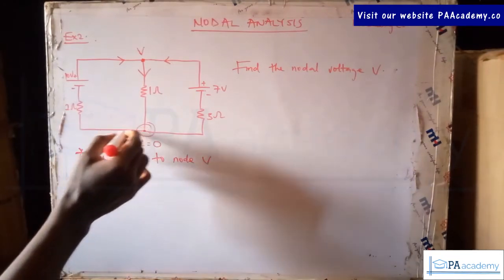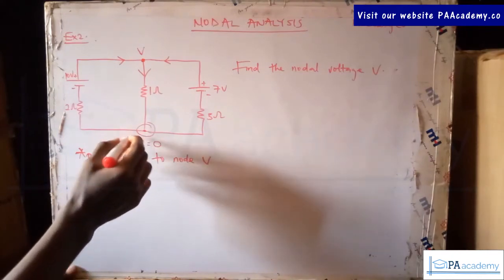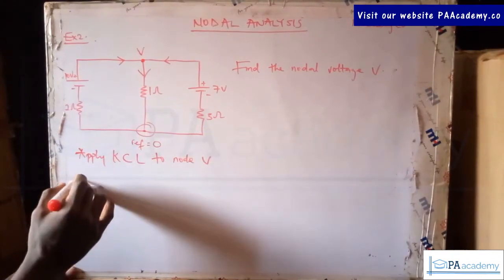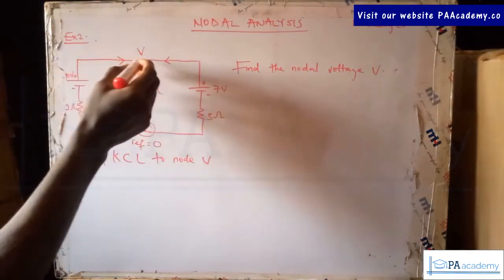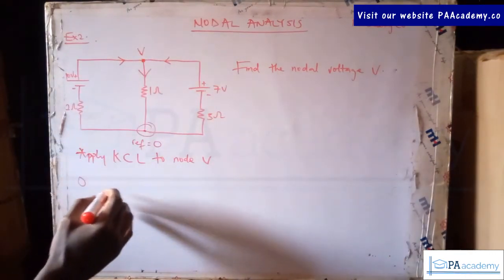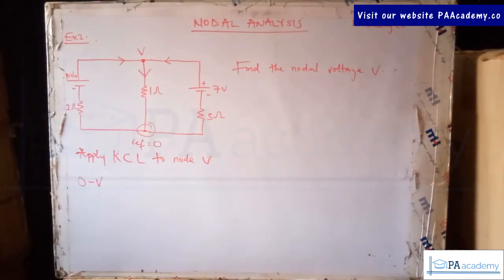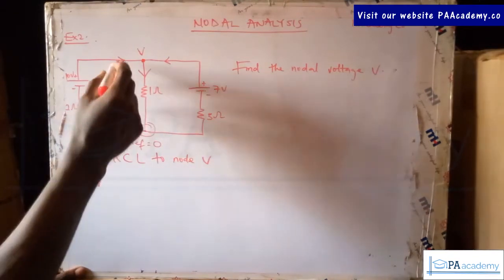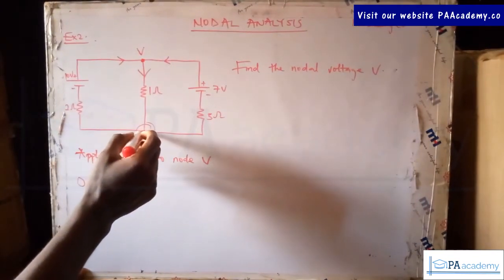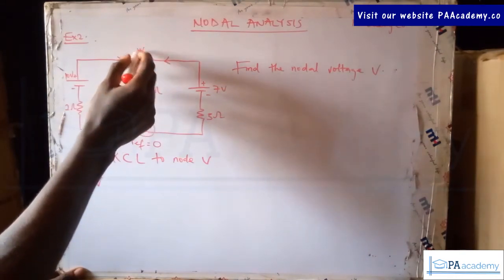For this particular branch, since it's starting from 0, the voltage at this point is 0, and it's going to this point V. That will be 0, and then you have minus V. Exactly. This is how I like to do it, just to avoid any kind of mistake. Based on the direction, you pick it from where it is starting, which is 0, and subtract the value on the next node, which is V.